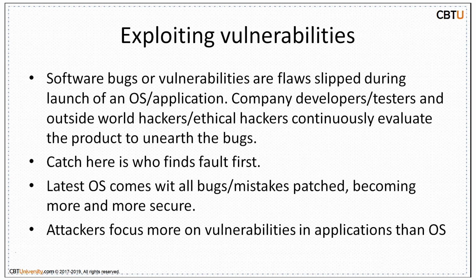One is secure when that patch is applied and updated to the latest operating system. The funny part is some people are unaware of security issues and do not apply these fixes or update to the latest versions, and they are prone to exploitation. Attackers are focusing more on vulnerabilities in applications than operating systems.